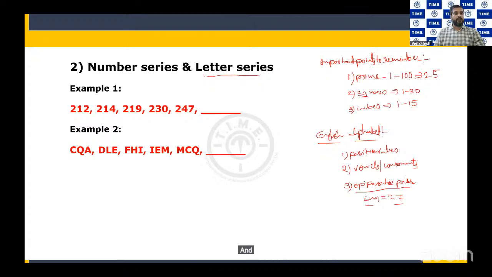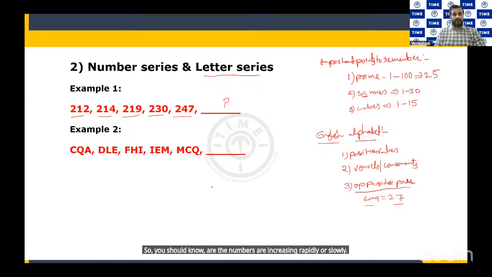And when it comes to the number series, you should know the pattern. Let us see an example: 212, 214, 219, 230, 247. What is the next number in the series? You should know whether the numbers are increasing rapidly or slowly.